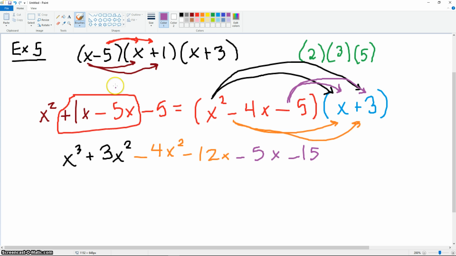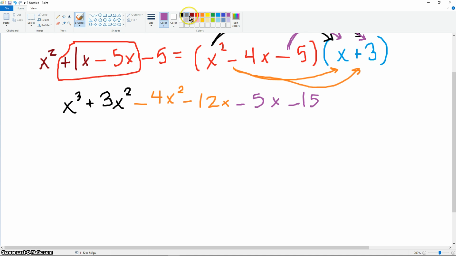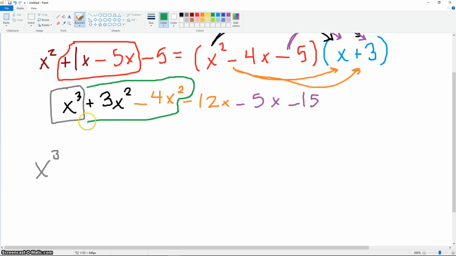All right, so then we go ahead and combine like terms. We have x cubed. It's my only cubic. Then let's move on to the squares. It looks like they're right next to each other. So it reads as 3 minus 4, which is going to be a negative 1 x squared. And then we move on to the x terms right next to each other.